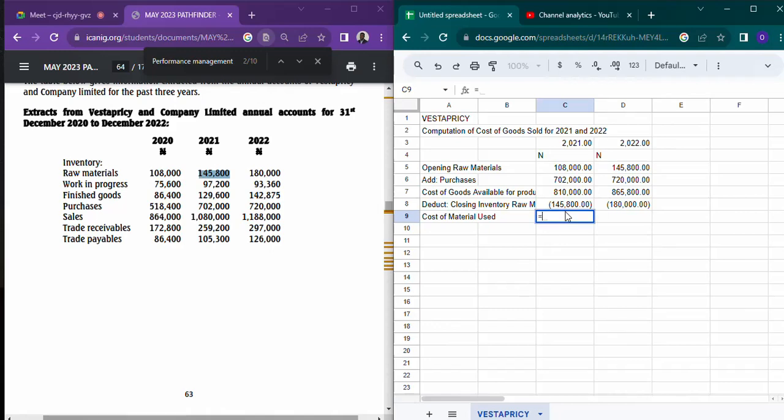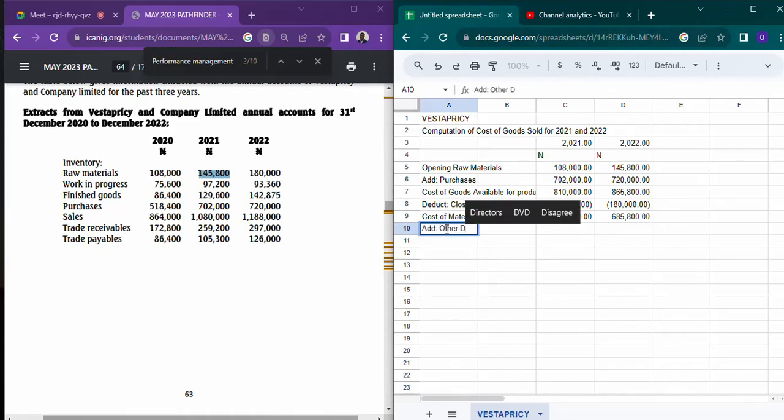So we have 664,200 and 685,800. Are we on the same page? Yes, we are.